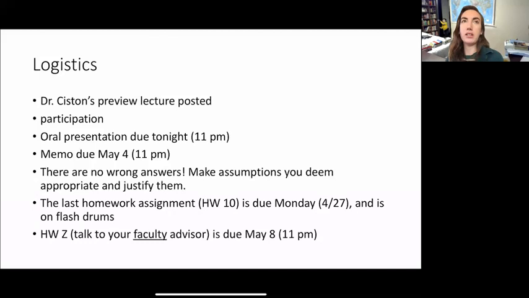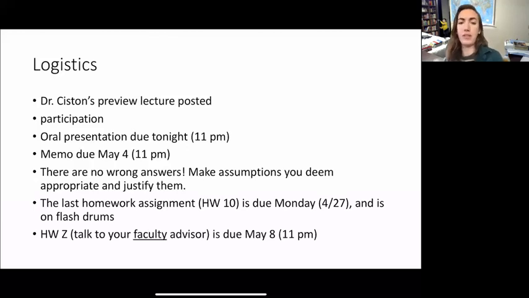But what we really want is for you to document that you had some of those advising conversations with a faculty member. We're not picky about the topic of that conversation, so we want you to make this useful for you. So if you have career questions or research questions or anything, we just want you to have that conversation and show us that you did.